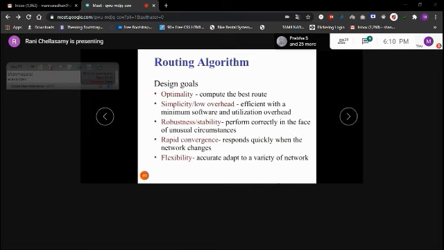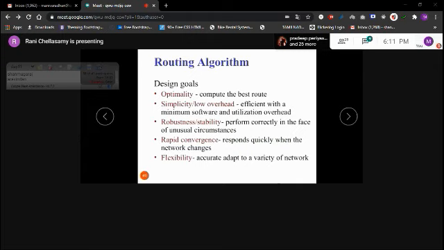So the routing protocol has the main role in creating and updating the routing table, and it has to move to the optimal path.